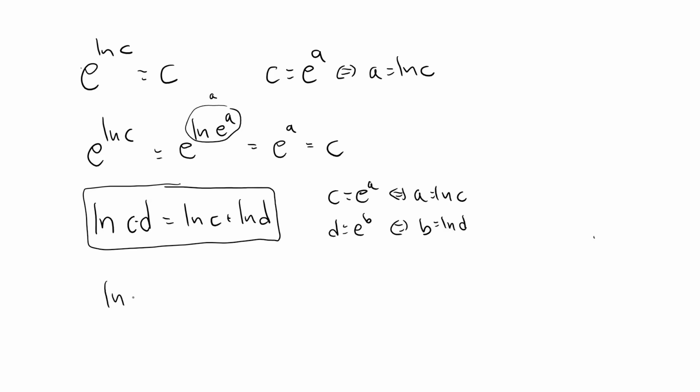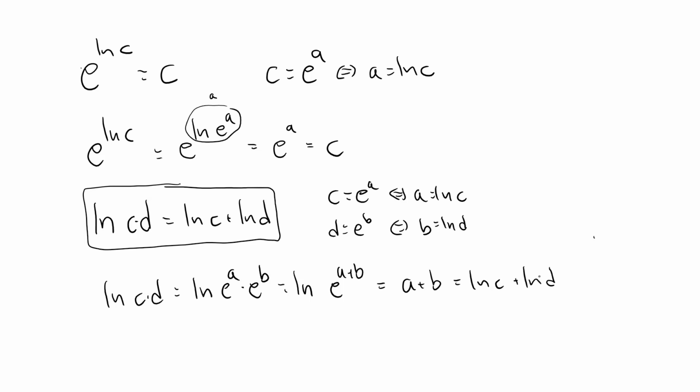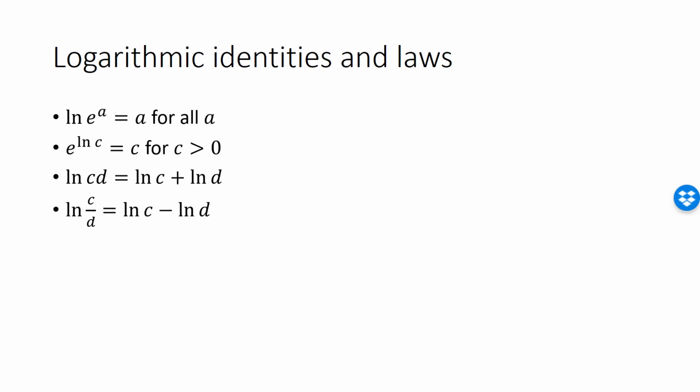Then ln c times d is equal to ln e to the a multiplied by e to the b, which is equal to ln e to the a plus b, which is equal to a plus b, or ln c plus ln d. We also have ln c divided by d is equal to ln c minus ln d, and we have ln c raised to d, then we take d in front and we get d times ln c. These two rules are simple to prove, and the proof is very similar to the case when we have common logarithm.